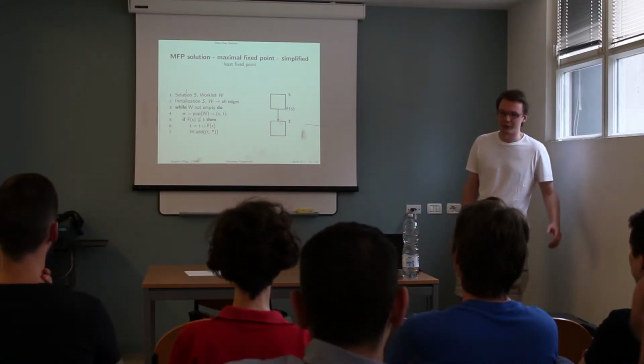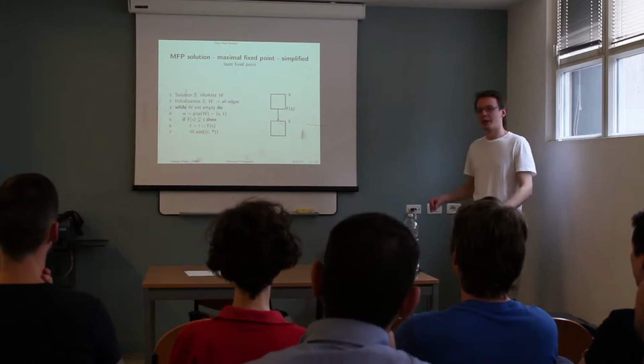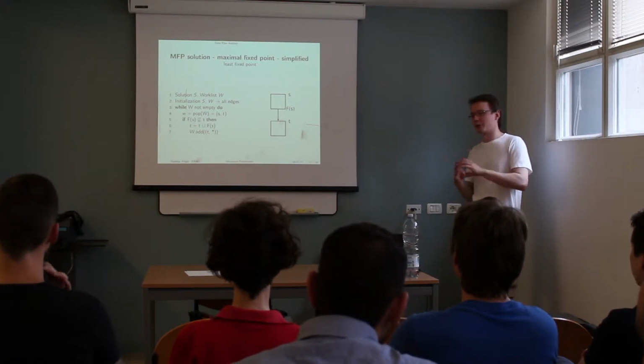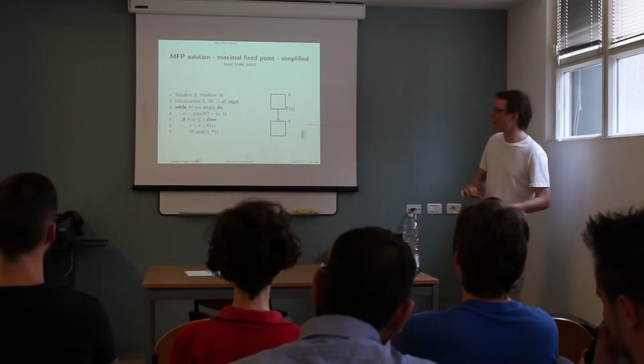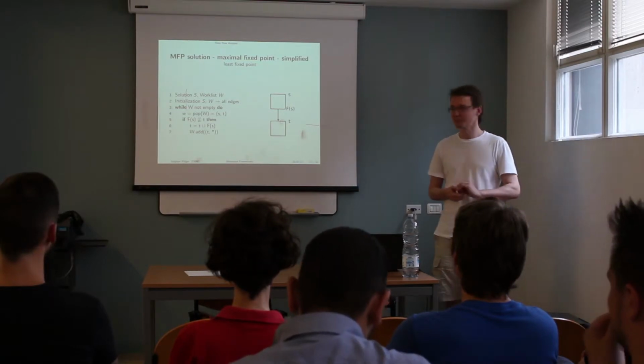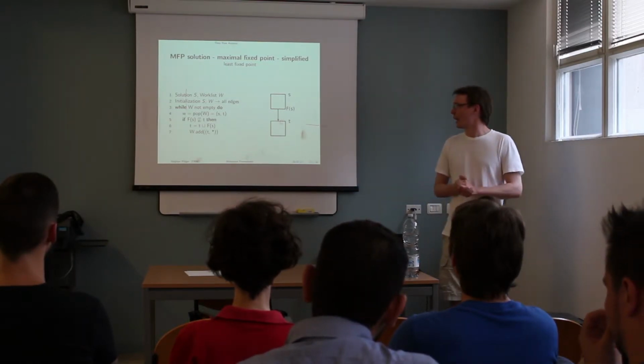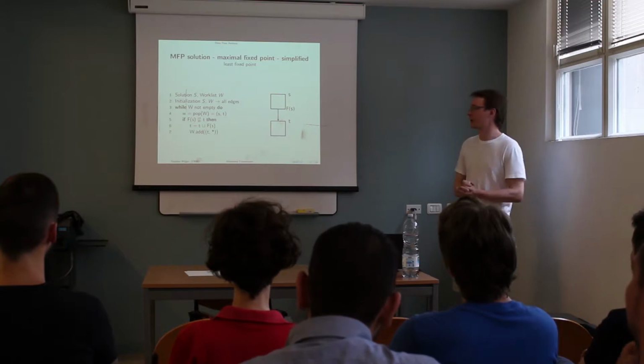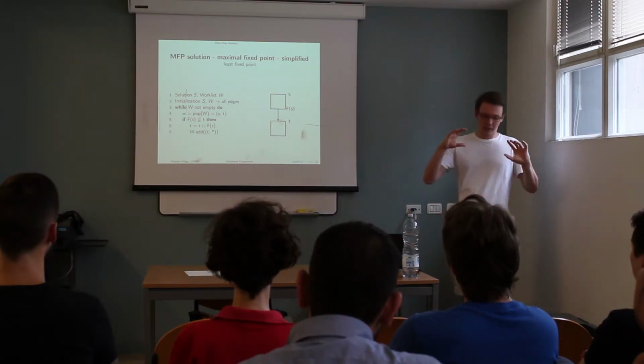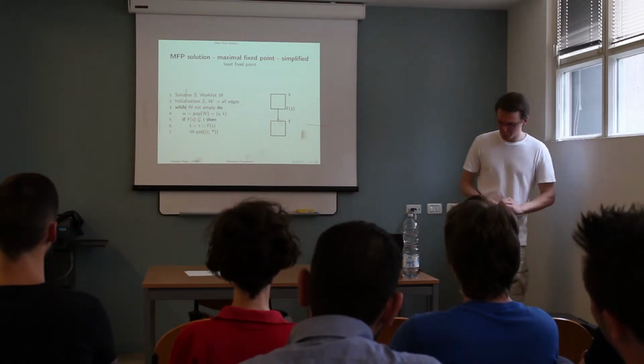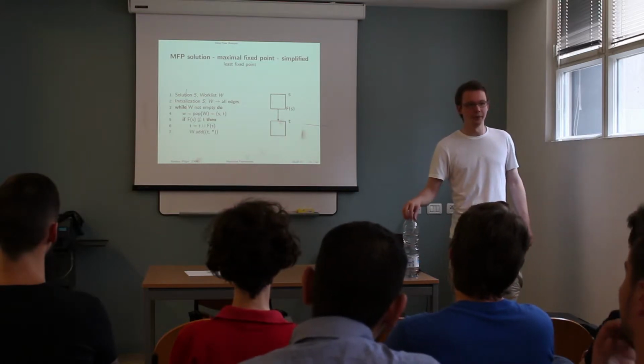You have a so-called working list. You initialize it. You want, of course, the equations for all the different parts. So you take all the edges into the working list. And now you work on the working list, and you try to work every edge one after another.